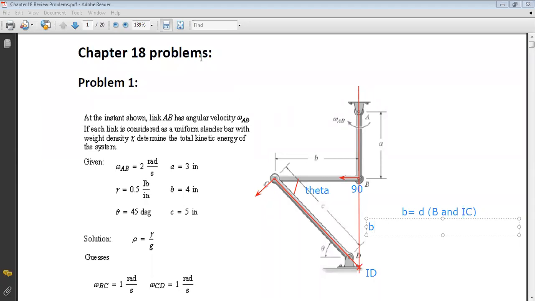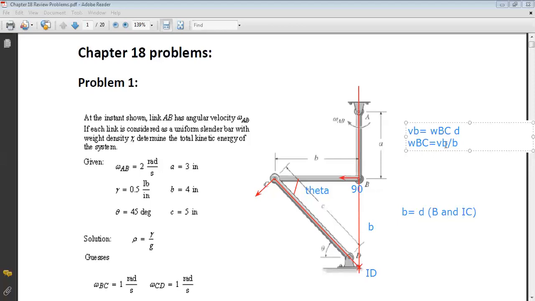B is a part of BC, so V of B is equal to omega of BC times D, which is the distance to the IC. So omega BC is equal to the velocity of B over the distance, which is B. In this way, we can directly calculate omega.